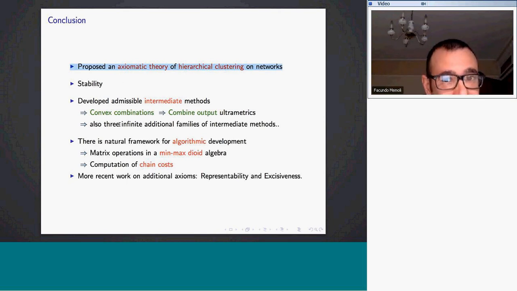So then some of those, representativity and exclusiveness, and even though I did not have a slide for this, I did mention that representativity and exclusiveness, these two properties have balance.